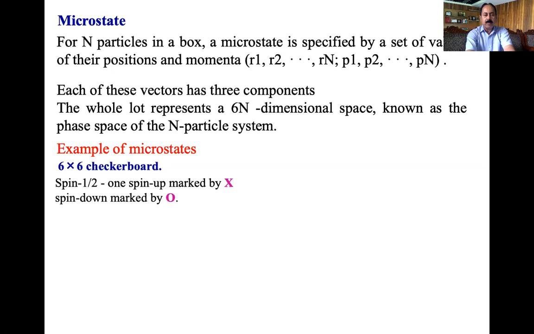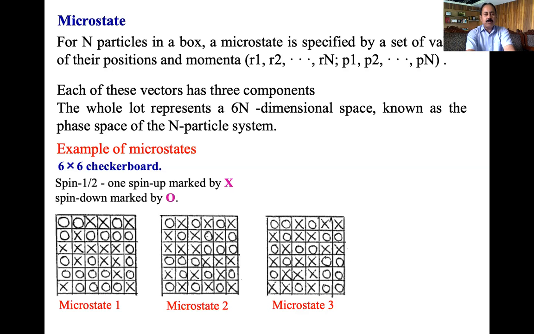Now let me give one small example. Say we are considering a 6 by 6 checkerboard. You can see it here. It has a total of 36 cells.